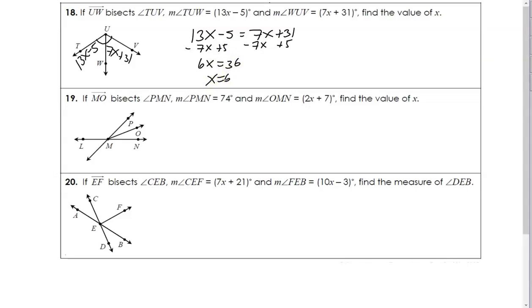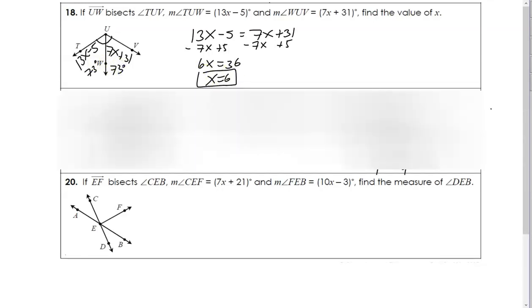If you want to check it out, 13 times 6 is 78 minus 5 would be 73. And 7 times 6 is 42, and 42 plus 31 is also 73 degrees, so those check out. So x is equal to 6.